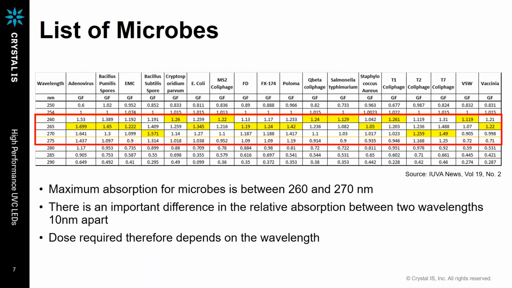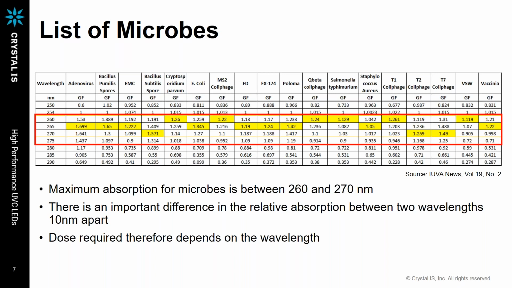I just showed you four different microbes, but if you look at a lot of different microbes, there was an article published in IUVL News earlier this year. What we have done is highlight with a red box in this table the absorption maxima for a lot of different microbes.